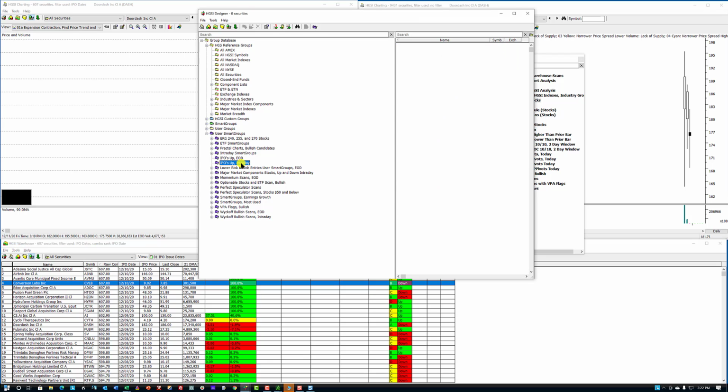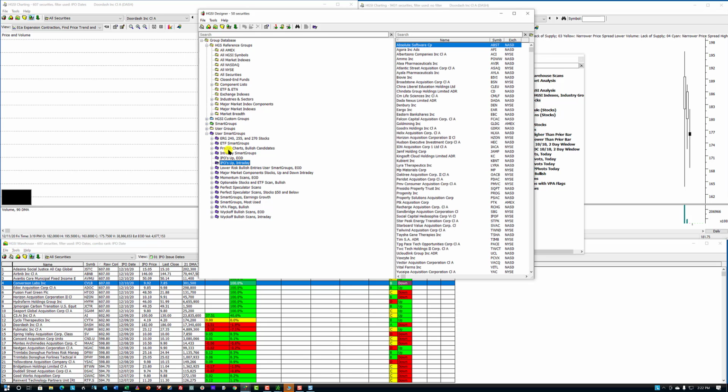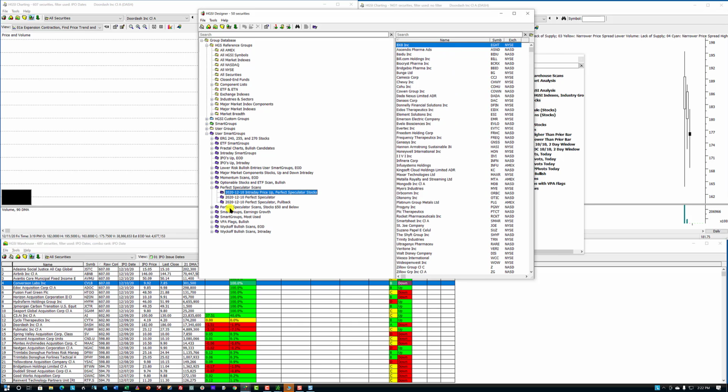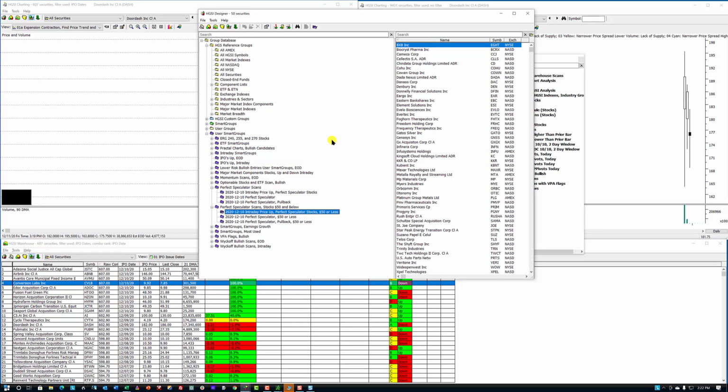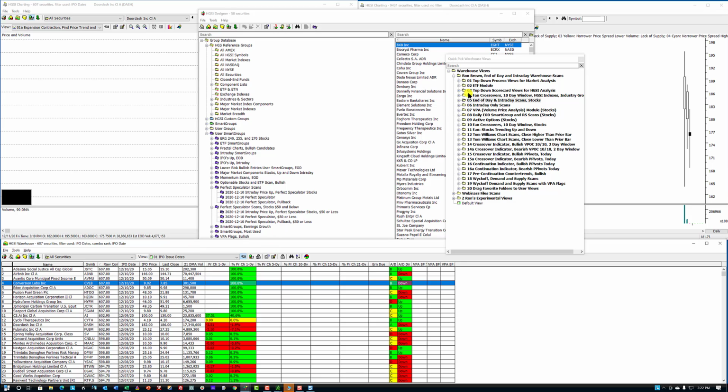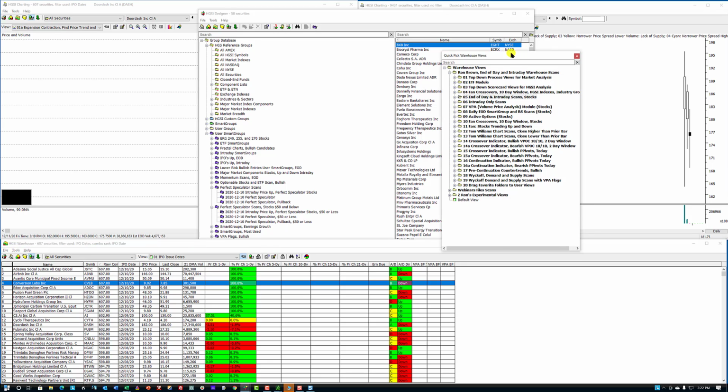If you like to find stocks that are moving, I believe from my observations these perfect speculator stocks are very good, especially the intraday price up. And do this in the morning, early in the morning, when you can get in on the ride.